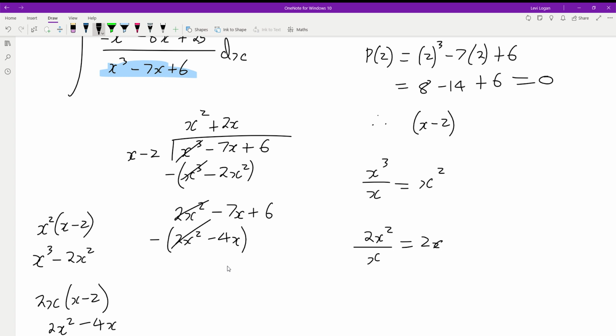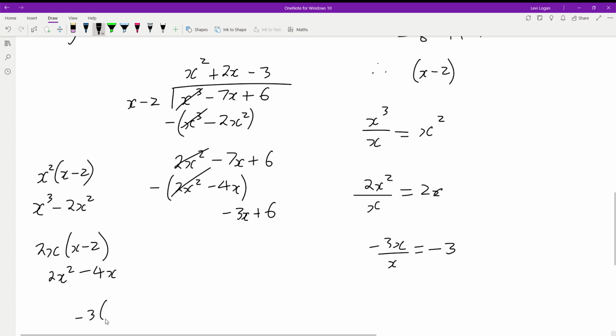Then you're left with minus 3x plus 6. Minus 3 goes up here because minus 3x divided by x is minus 3. Minus 3 multiplied by x minus 2 gives you negative 3x plus 6. If you subtract down here, we get 0 because it's a factor.